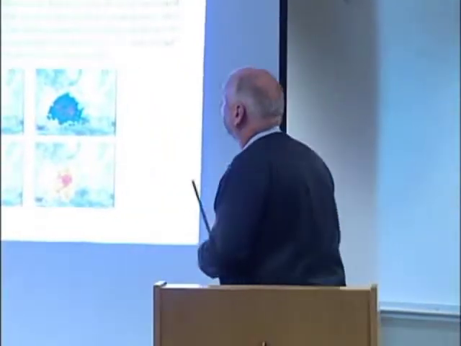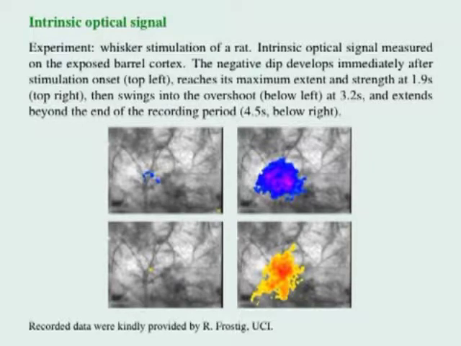So what we see is that relatively immediately after stimulation onset, we see that this negative dip develops and then peaks around 1.9 seconds after stimulation onset, and then this effect swings over into the overshoot phase, which we see here at 4.5 seconds.